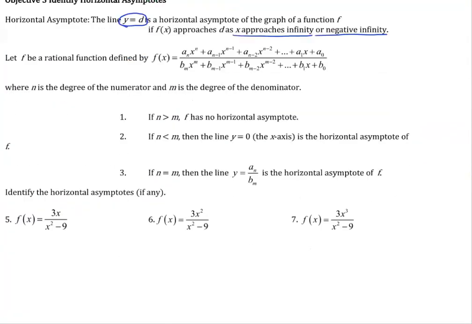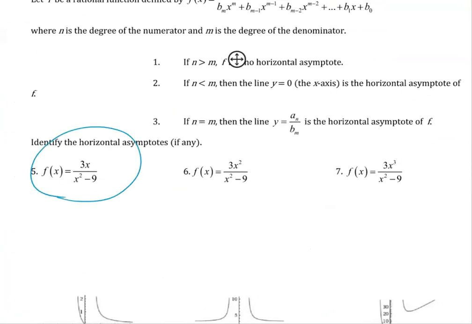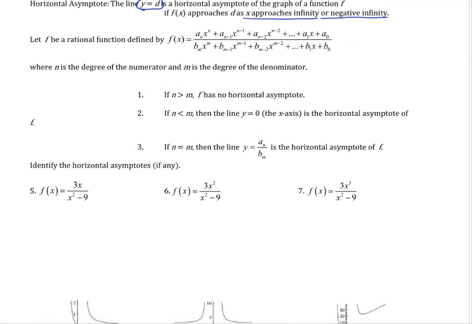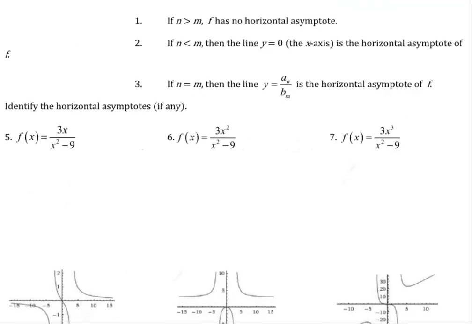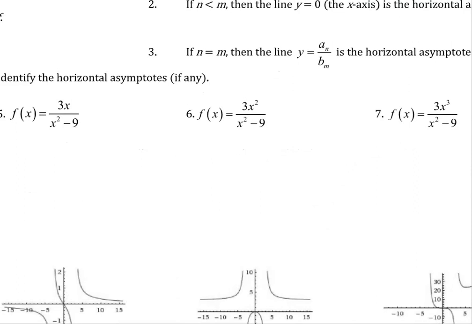So what we're going to talk about now is how we look at just the equation of a rational function and determine whether or not it has a horizontal asymptote. And how we do that all depends on the degrees of the numerator and the denominator. So you will be paying attention to the degree of this numerator, which is 1, and the degree of this denominator, which is 2.